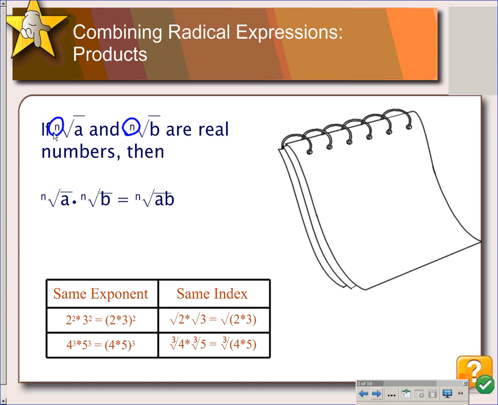For example, the square root of 2 times the square root of 3 is the same answer as the square root of 2 times 3, or the square root of 6. And the cube root of 4 times the cube root of 5 would be the same thing as the cube root of 20. So if you keep that in mind, you can simplify radicals.